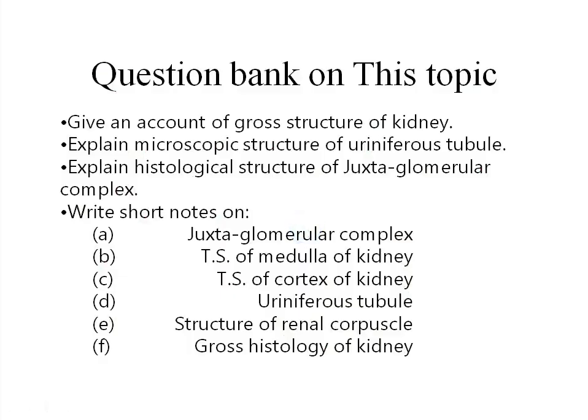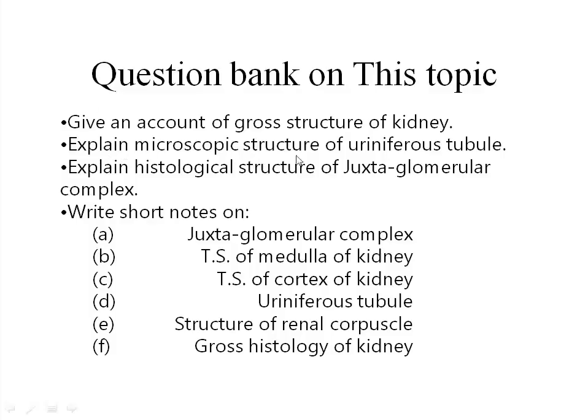On this kidney topic in mammalian histology, these are the frequently asked questions. First, give an account of the gross structure of the kidney. There you can describe the cortex, medulla portions, pyramids, the hilus portion, then the middle blood vessels and everything.